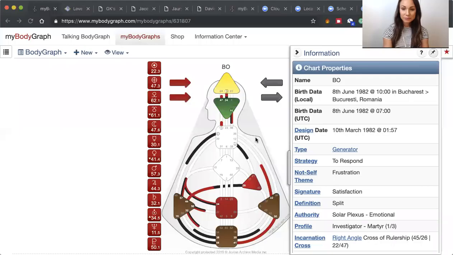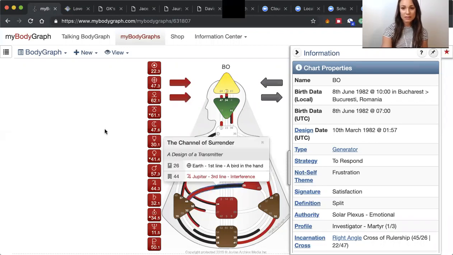Right. So here we can see we have a generator with a big split. We can see the 2 centers on the top and then all the centers on the bottom. Actually, let me start to say something about the split.